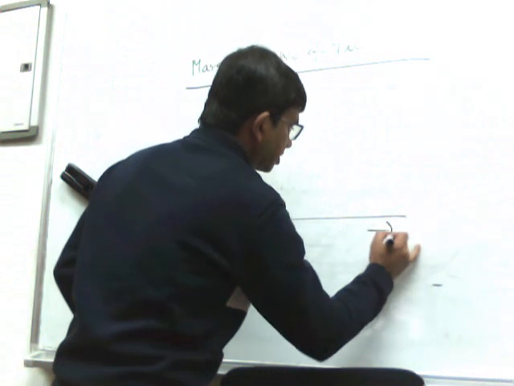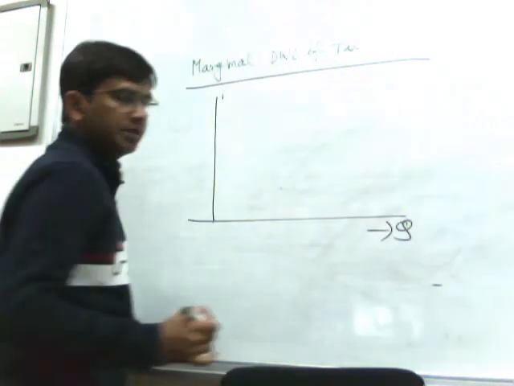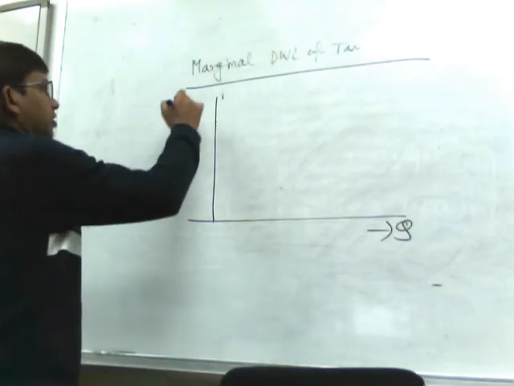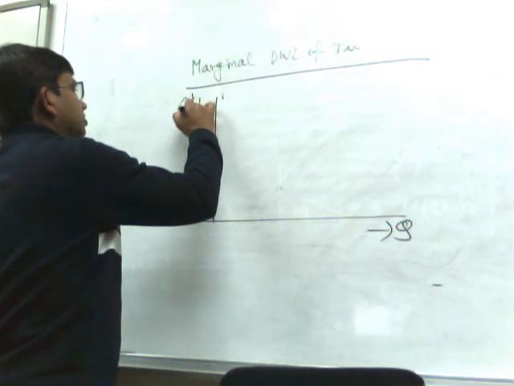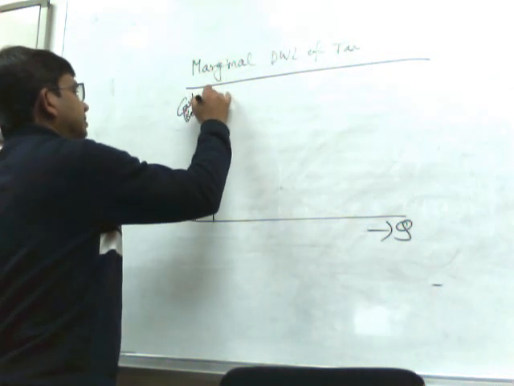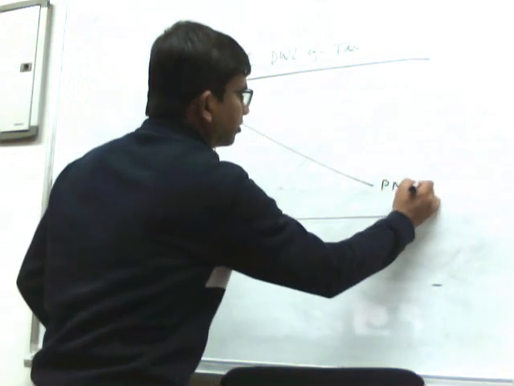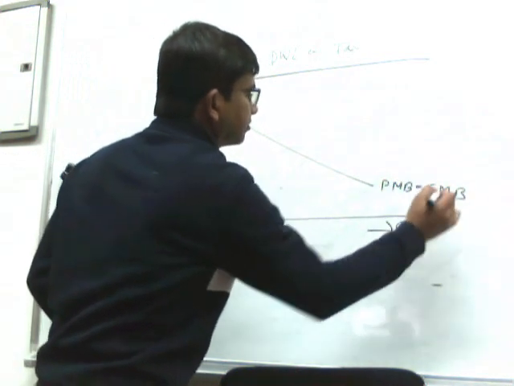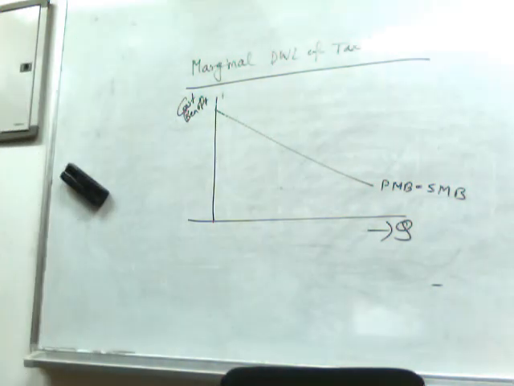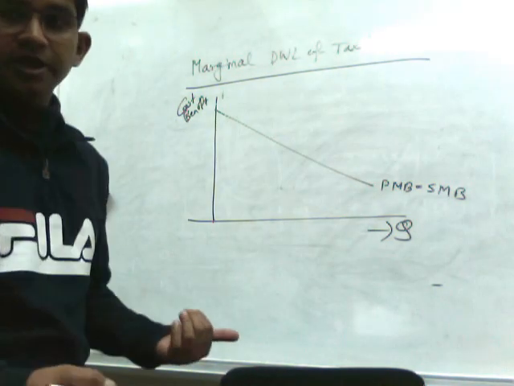So here we start with the horizontal axis measuring the output, and the vertical axis measuring cost and benefit. We consider that this is the PMB equals SMB curve. There is no externality in consumption.